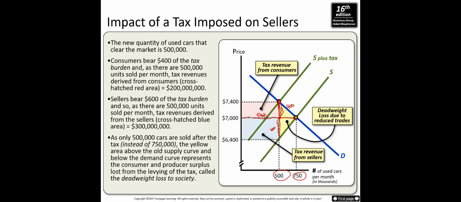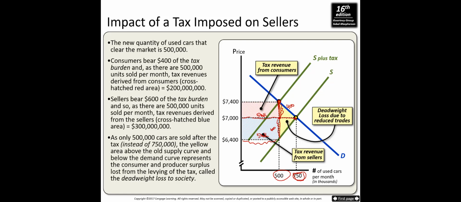Let's find out how much tax in total sellers are paying. Per car they are paying 600 and 500K cars are sold. So the blue hatched area, 600 times 500K, which is 300 million, is the tax paid by sellers, for a total of 500 million.